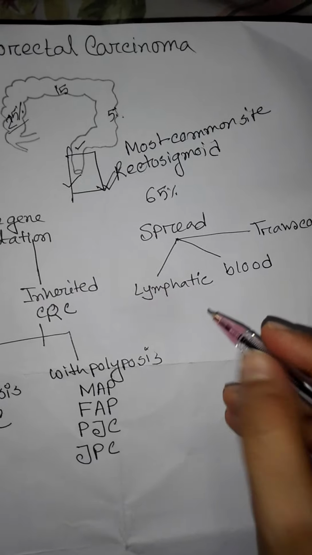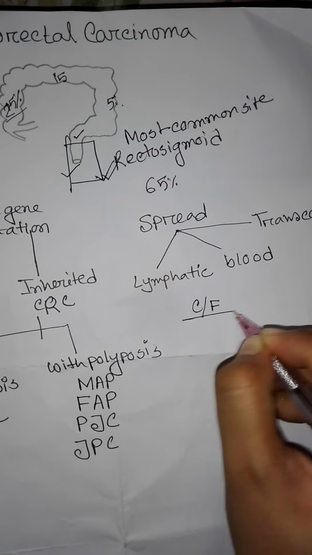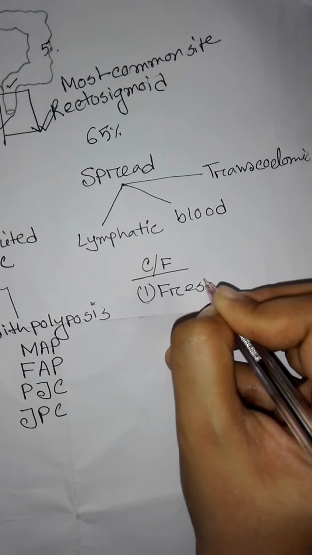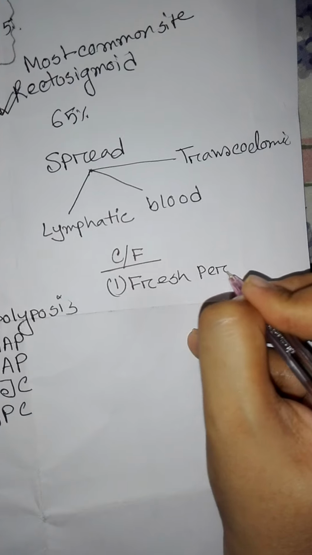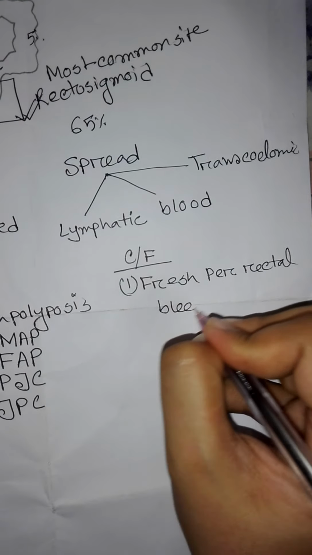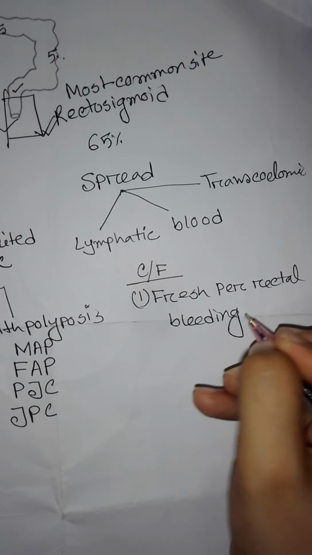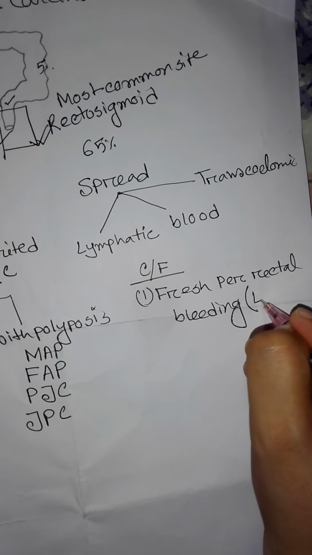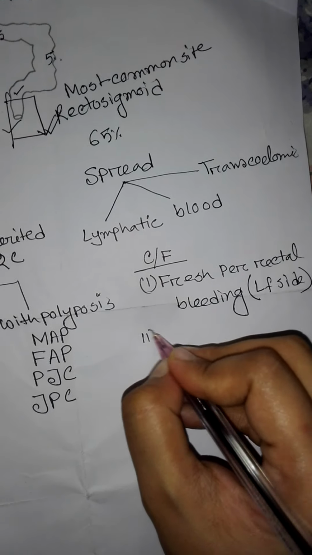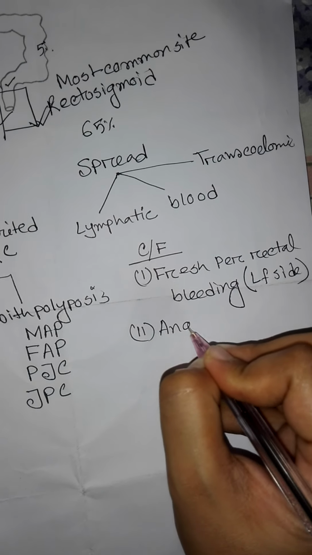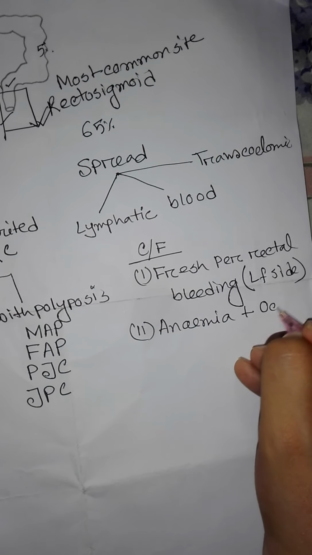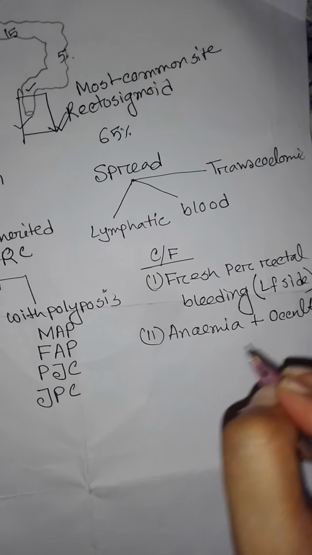Then I will discuss the clinical features. Fresh rectal bleeding if it affects the left side. Then anemia with occult blood.